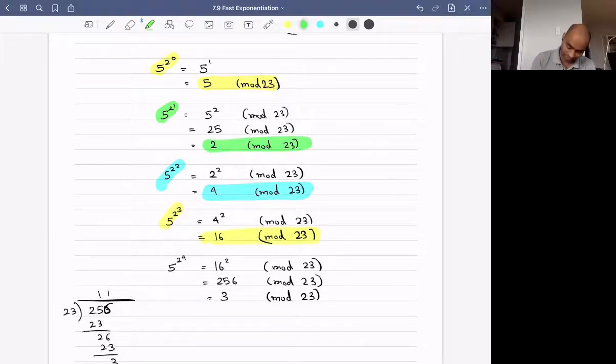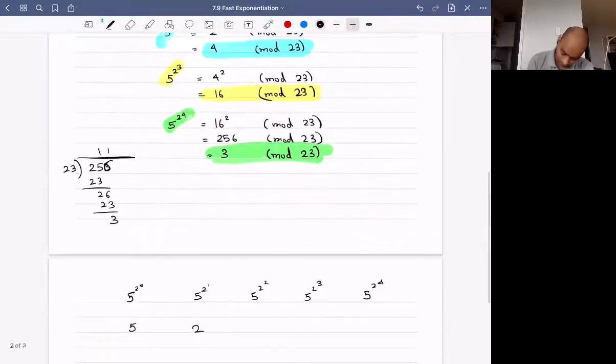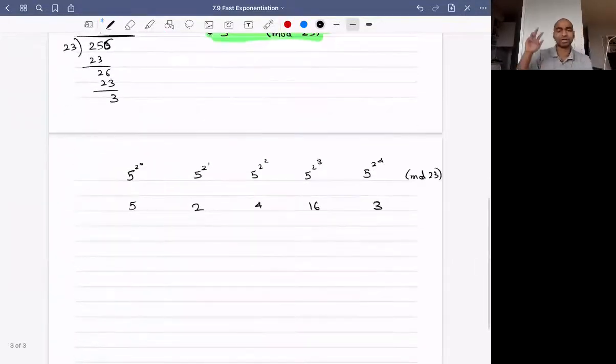And finally, the 16th power of 5 is 3 mod 23. So 5 to the 2 to the 0, 5 to the 2 to the 1, and so on give 5, then 2, then 4, then 16, and then 3. Okay, so that's the pre-processing step.